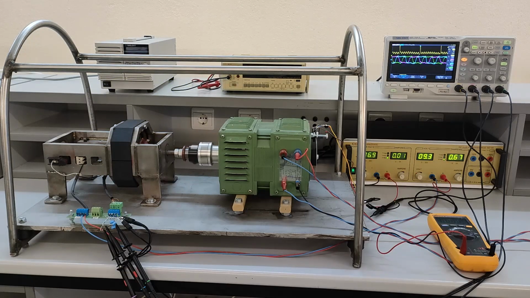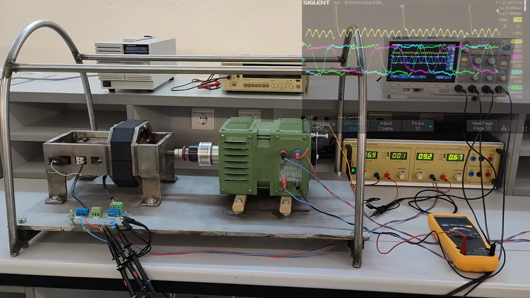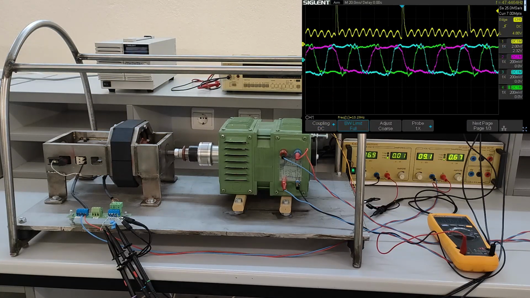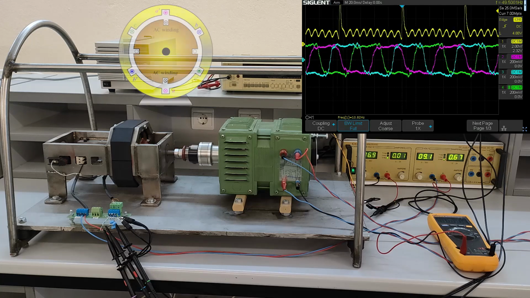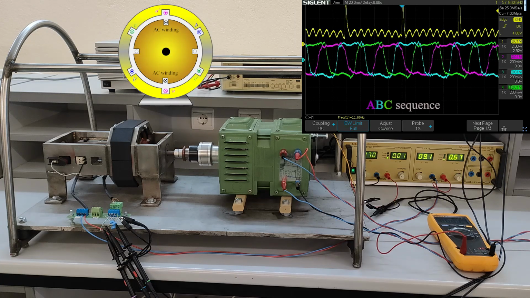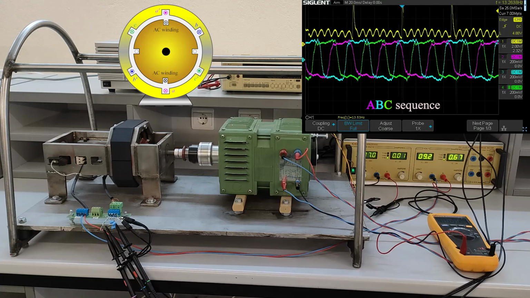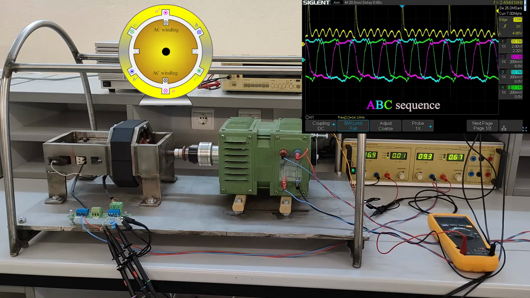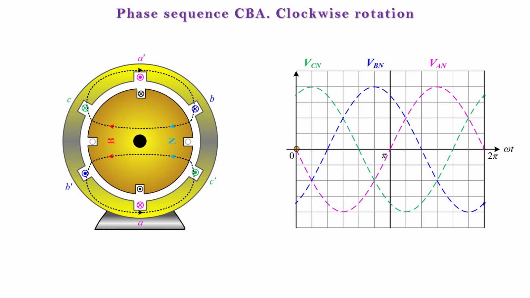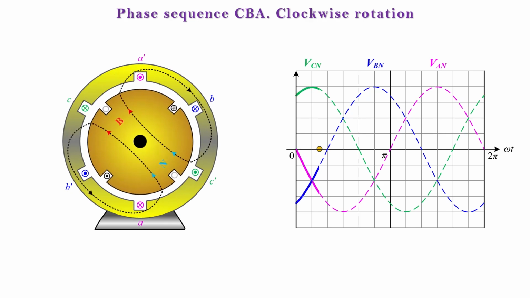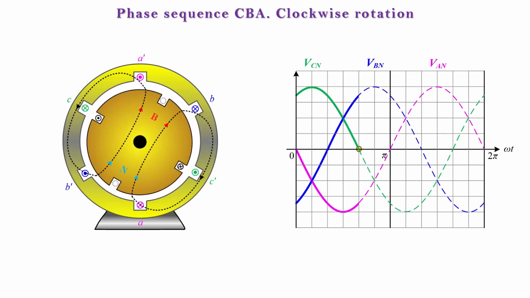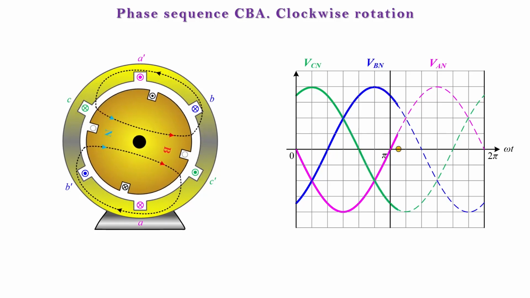The oscilloscope displays the three voltages, as well as a pulse that defines the position of the rotor. When the pulse is high, the AC armature winding is just below the stator winding A. Similarly, when the rotor shaft rotates clockwise, a three-phase voltage with a CBA sequence is generated.